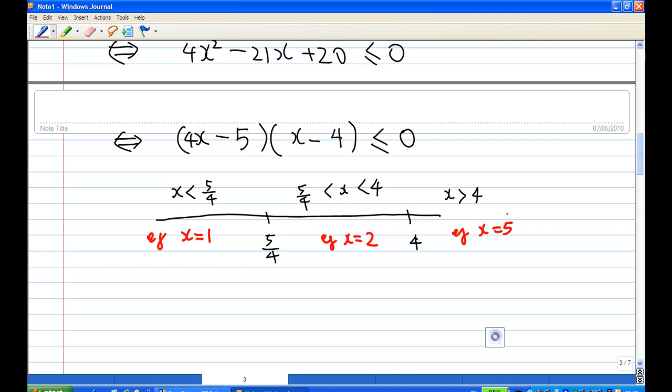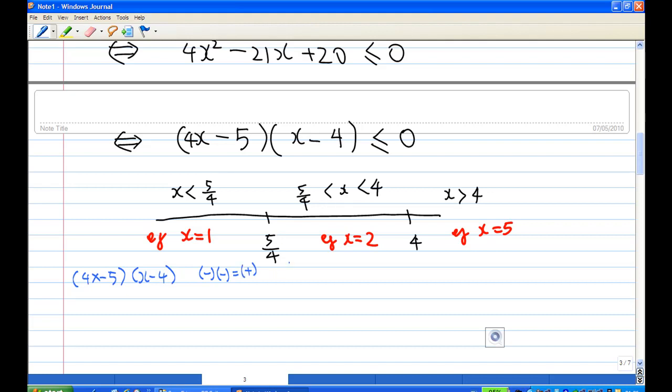Then you find the product. How do we know whether it is positive or negative? You can do a test point. The product in this case is 4x minus 5 times x minus 4. When x equal to 1, the first term is negative and the second term is also negative, so the product is positive.